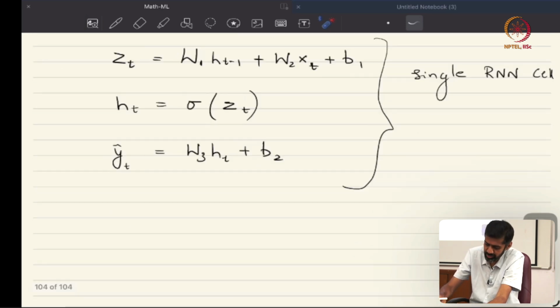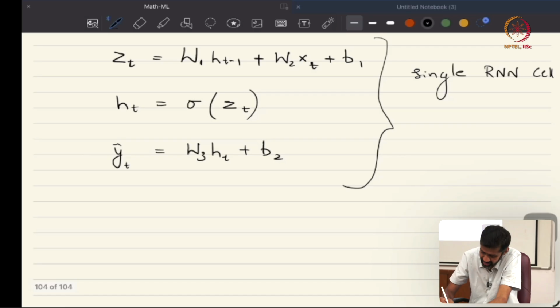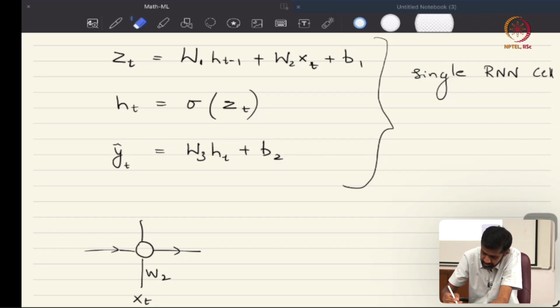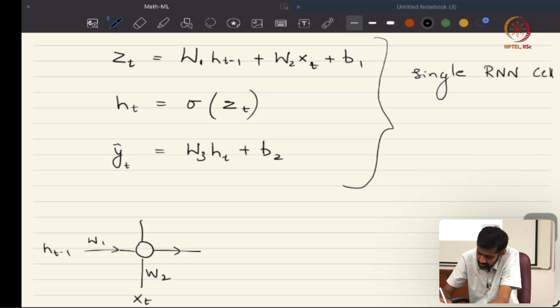Now, there is one diagram that people write. If this is one RNN cell, then what is happening is this. There is XT, and this is W2, and we have HT minus 1, and this is W1, and this is ZT, but there should be a sigma here as well, right?